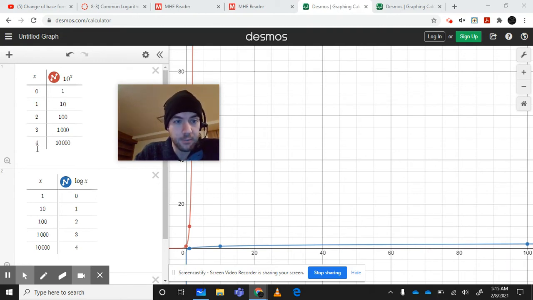The exponent is the x value. When we're looking at a logarithmic graph, the exponent is the y value. The height of the graph is the exponent. Whereas in the exponential graph, the y value, our output, is the product that we get when we take our base to some exponent. This is our product that we get: 1, 10, 100, 1,000, 10,000.